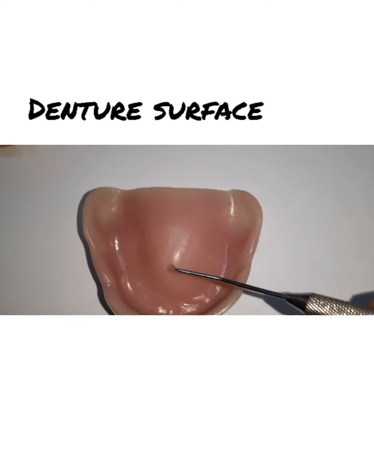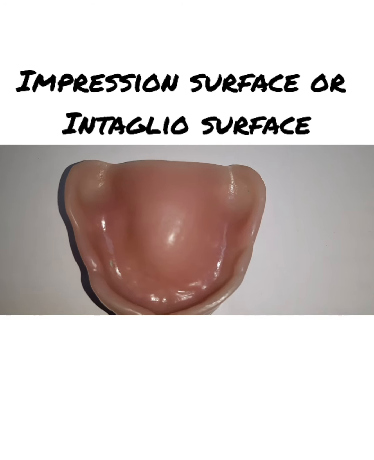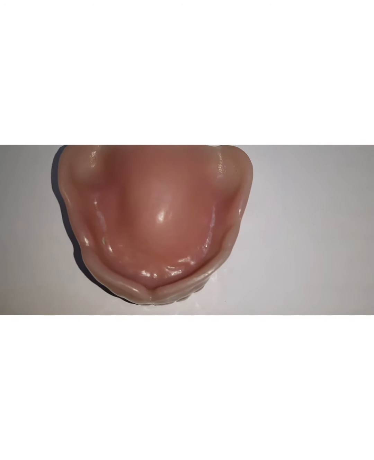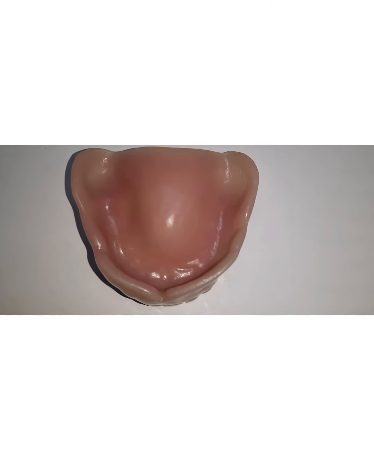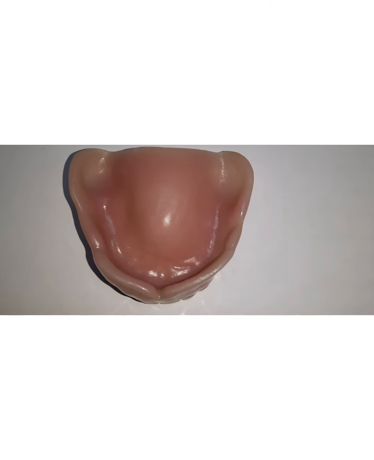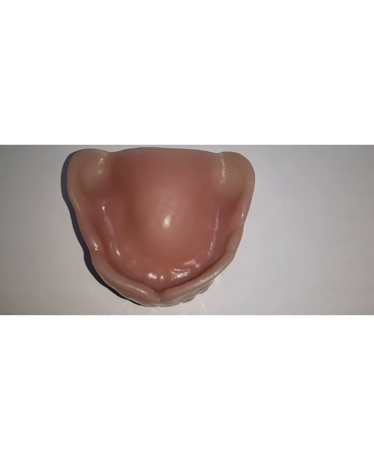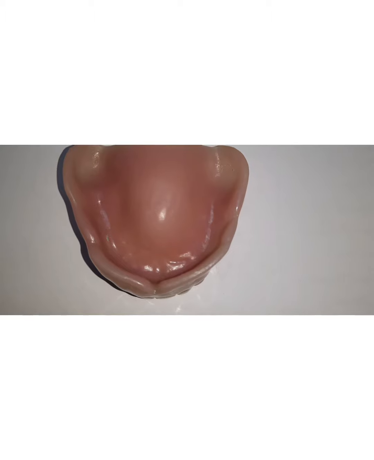This is called the impression surface, also called the intaglio surface, as this surface is in direct contact with the basal seat tissues and the limiting structures. So we can call it a negative replica of the tissue surface of the jaw. By definition, it is the portion of the denture surface whose contour has been determined by the impression.